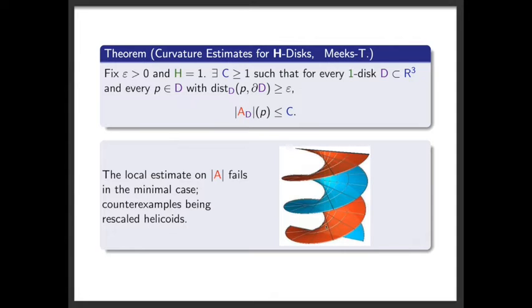And a sequence of scaled helicoids converges to a foliation of R3 by parallel planes, and there is a vertical line of singular points of convergence where the second fundamental form blows up.